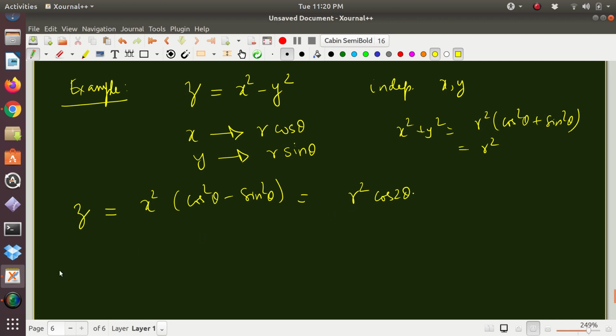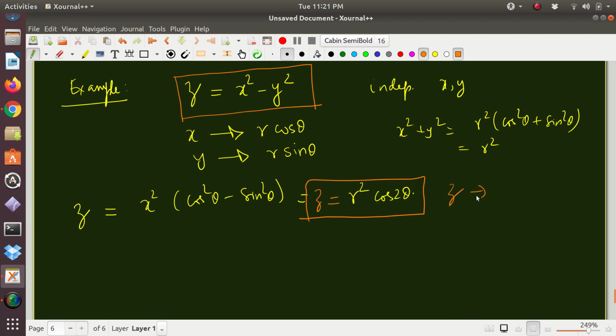So you have two representations of the same function. Here you have z as a function of x and y. Here the same z is now written as a function of r and theta. Here z is a function of x and y. Now we can take partial derivatives in many ways.